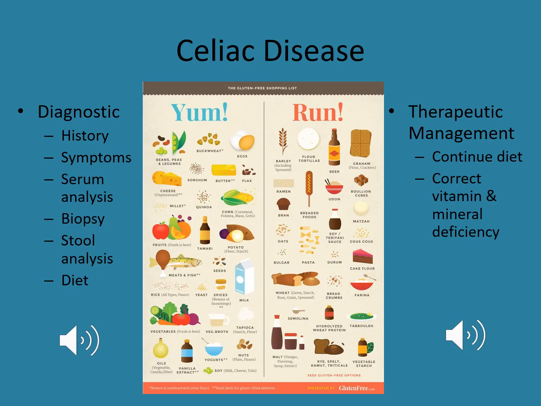Diagnosis of celiac disease: we look at history, we look at clinical symptoms, we can do a serum analysis of antibodies against gluten. We can also do a biopsy of the intestinal mucosa, and that will often demonstrate changes in the intestinal villi. We can do a stool analysis and test for fat content. In some cases, they'll simply test the child's response to gluten by placing them on a gluten-free diet.